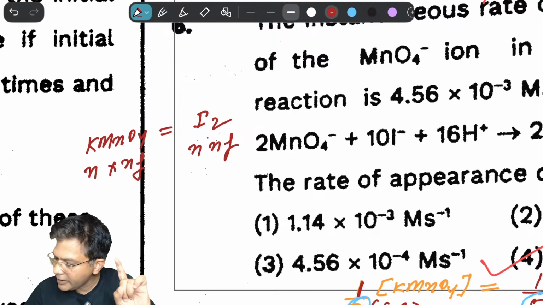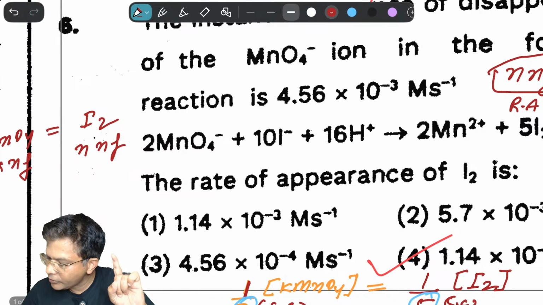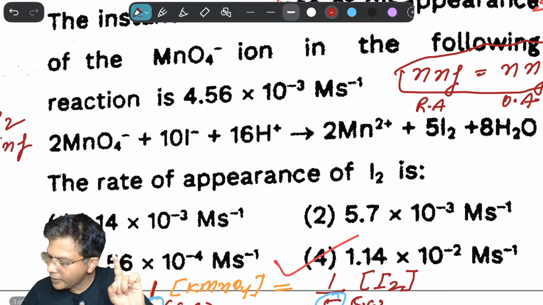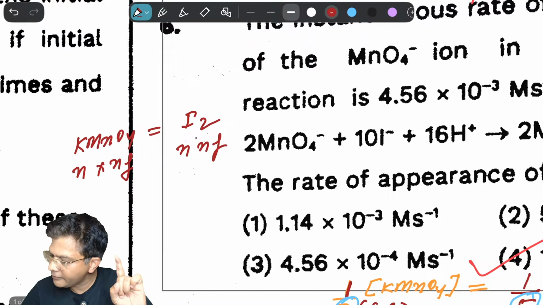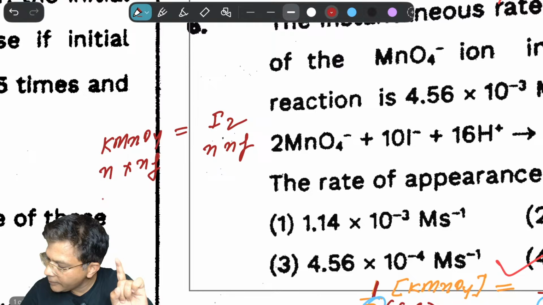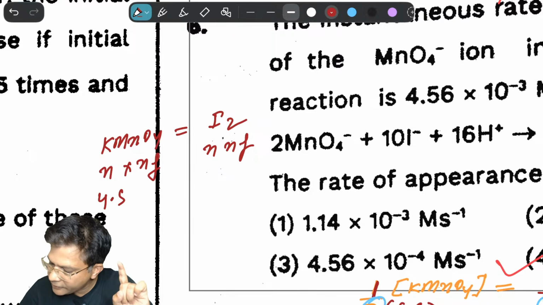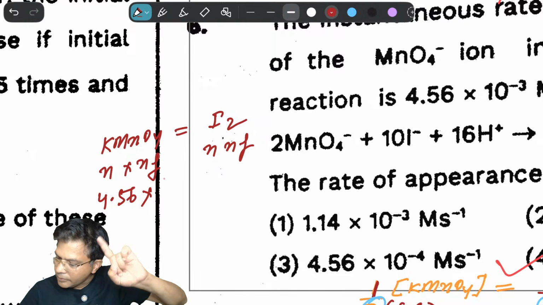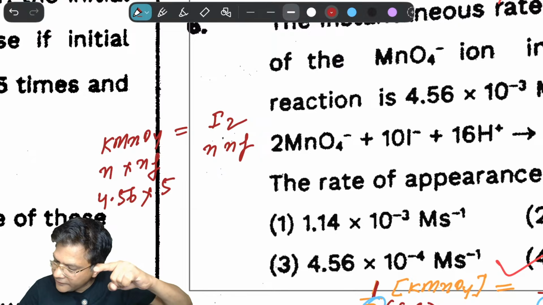So you see, they have given the rate in the following reaction, they have given about KMnO4. So KMnO4 is 4.56, and for I2, its stoichiometry coefficient is its n factor.